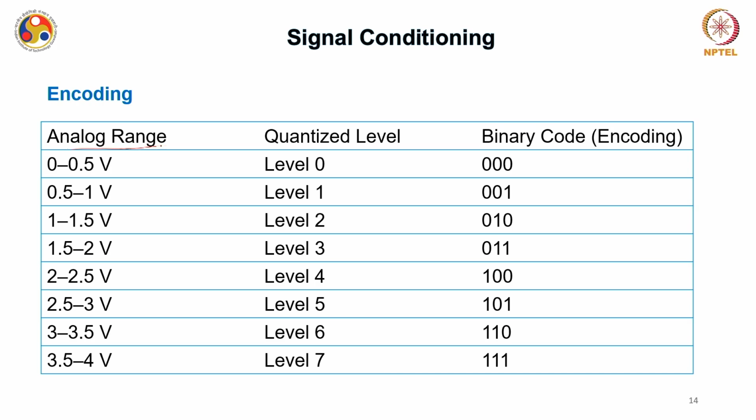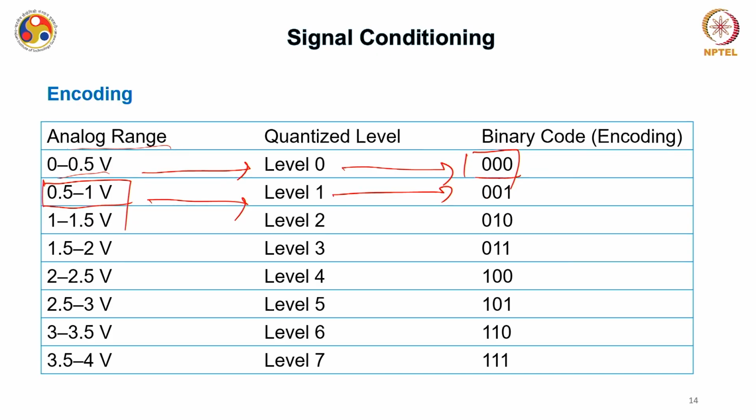Say you have an analog range from 0 to 0.5 volt. Let me call it level 0 of the quantized level, and the encoder will code it as 000 because it is a 3 bit ADC. Now the next analog range of 0.5 to 1 volt may be called quantized level 1, and this will be coded as 001.